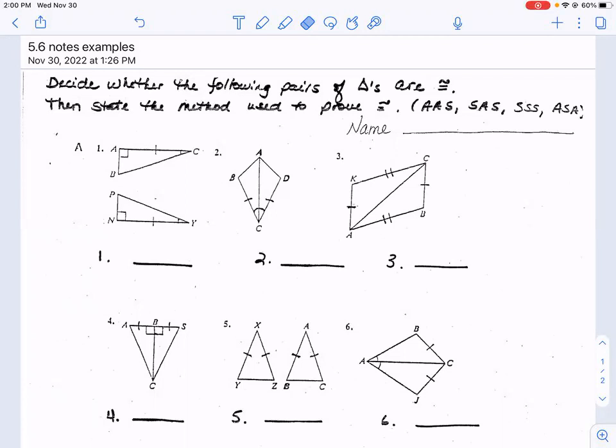Is number 7 side side angle? No. Isn't 8 the same? No. Wait, 8 is not enough. 9? Isn't it the same exact? No, because it's not right.